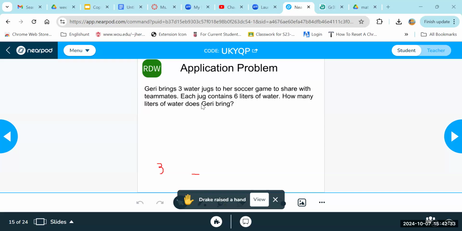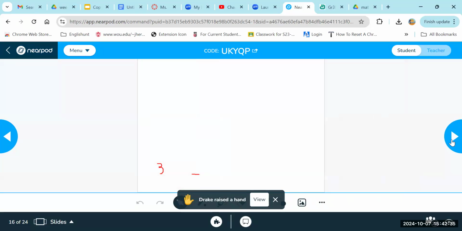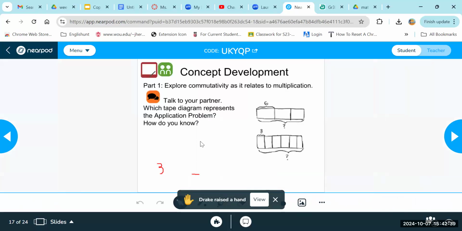Okay, so our tape diagram, right? They're giving us here. It says, which tape diagram represents the application problem and how do you know? Well, the multiplication sentences are related, right? As we talked about, we have 3 times 6, which is what we figured out, equals 18.